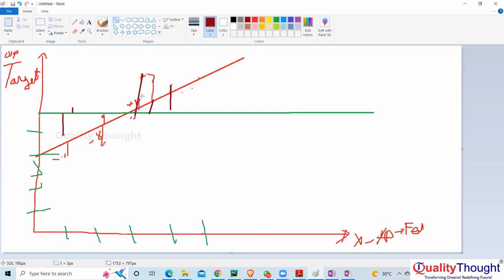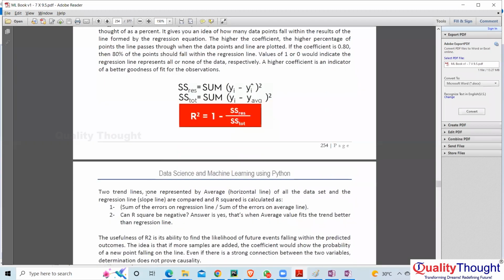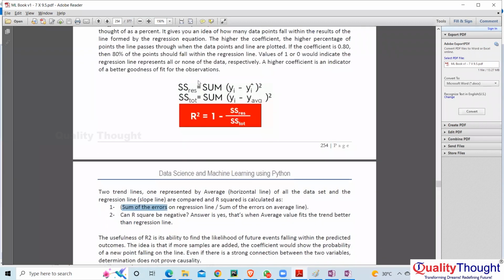SS stands for sum of squared error. There is an equivalent word for error, I'm looking for that: deviation. We'll come back to it, doesn't matter.